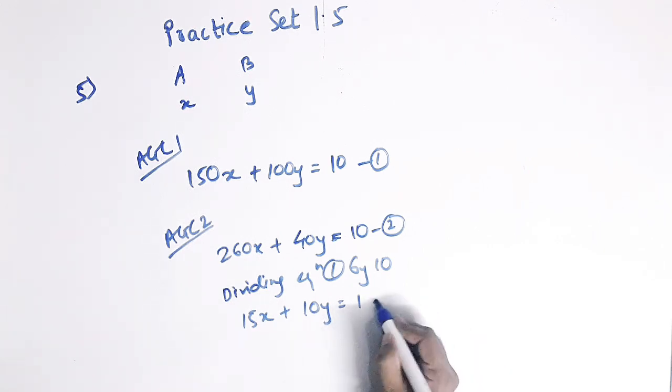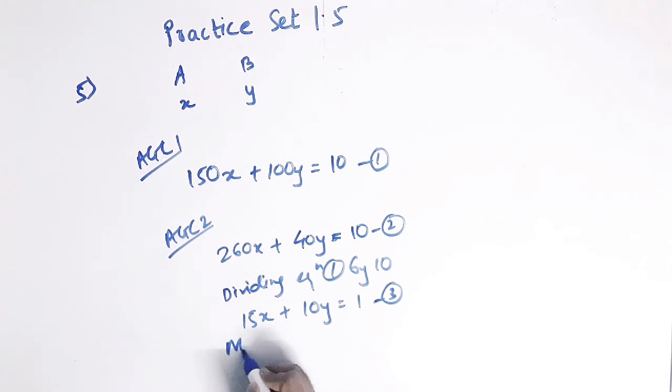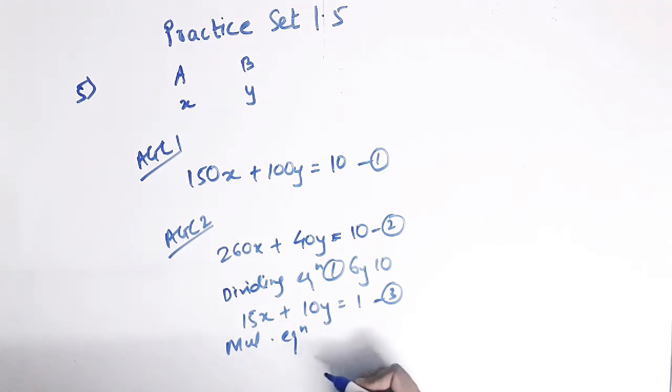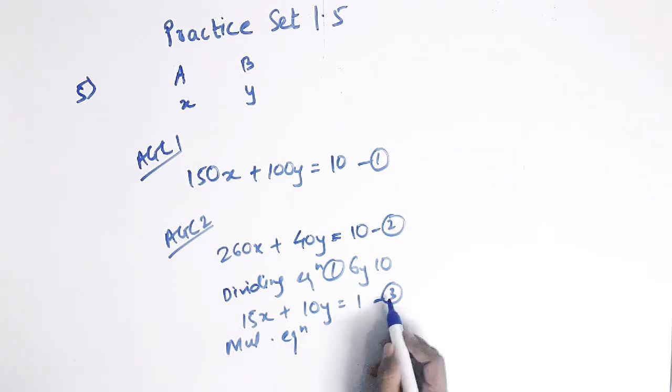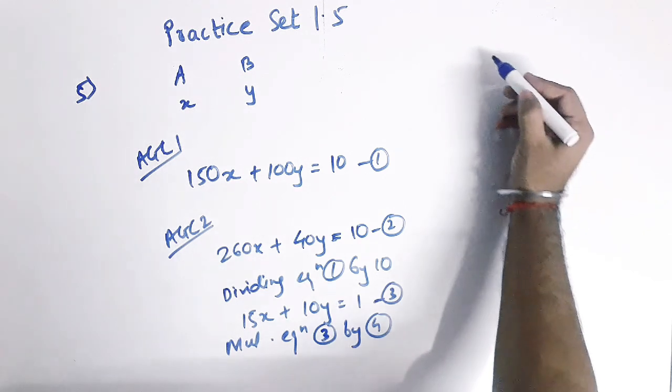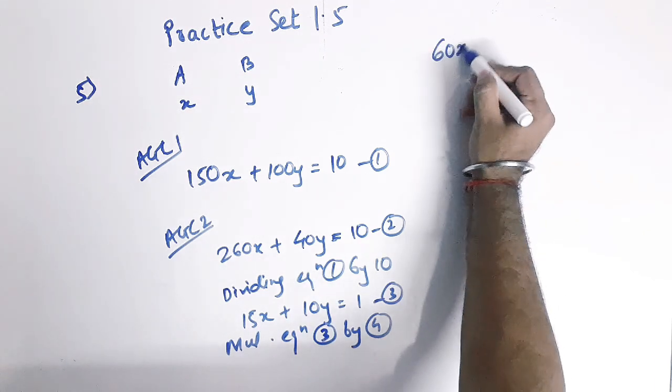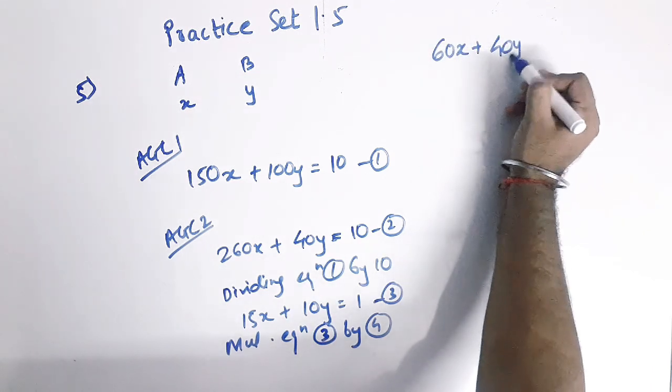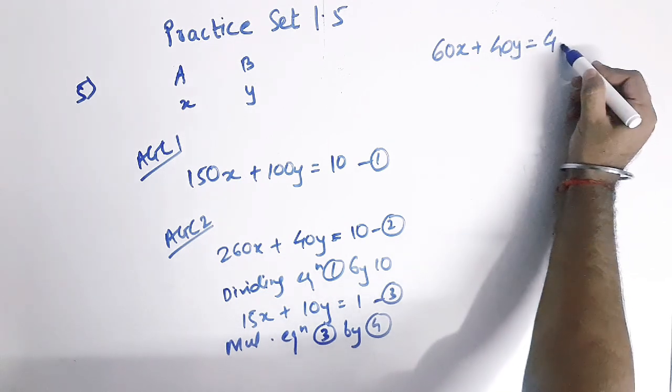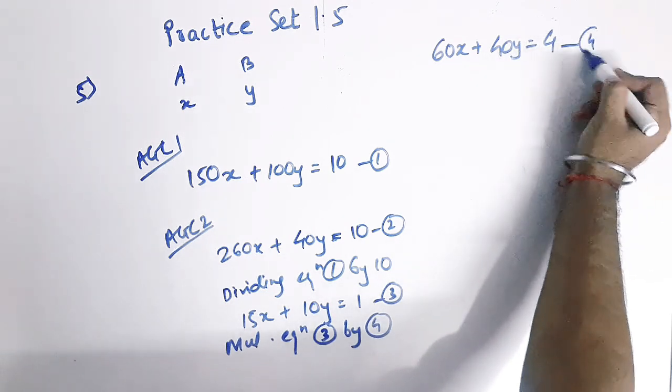Now this is equation 3. Again I'll multiply equation 3 by 4. What will we get? We will get 60x plus 40y equals 4. This is the new equation, the fourth one.